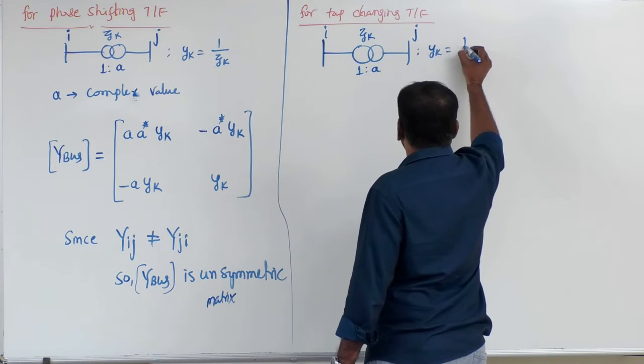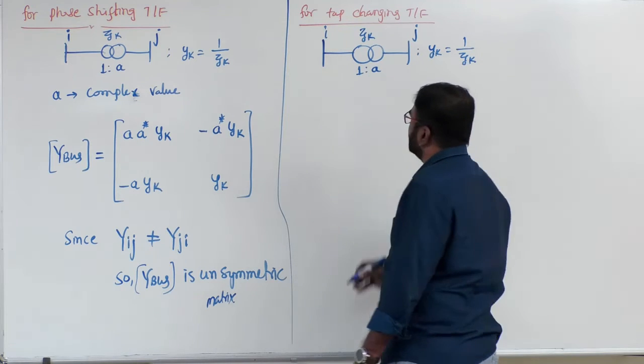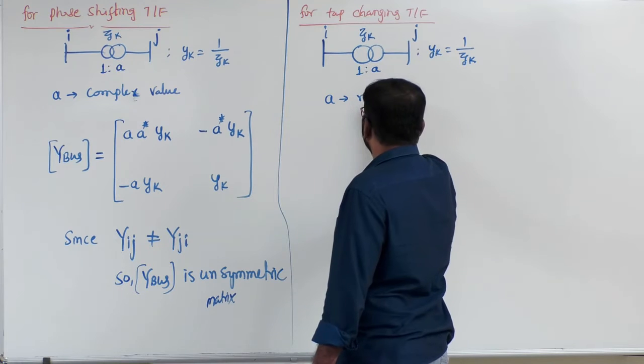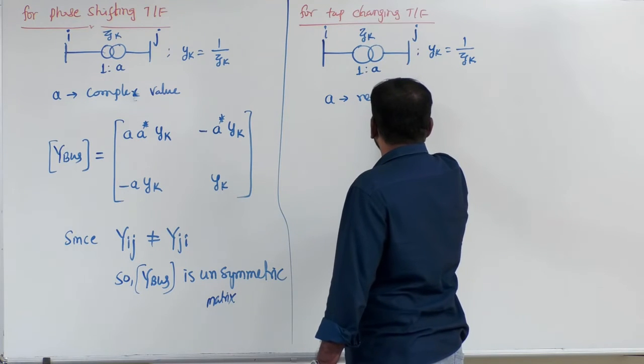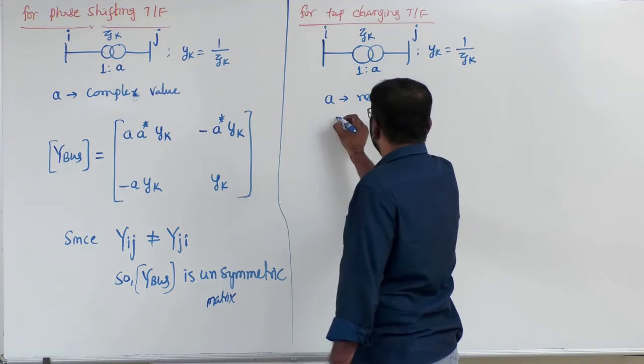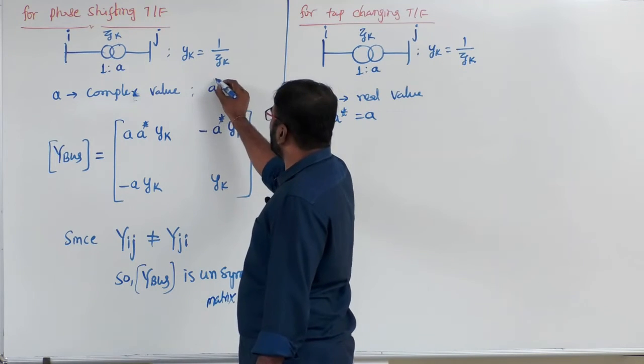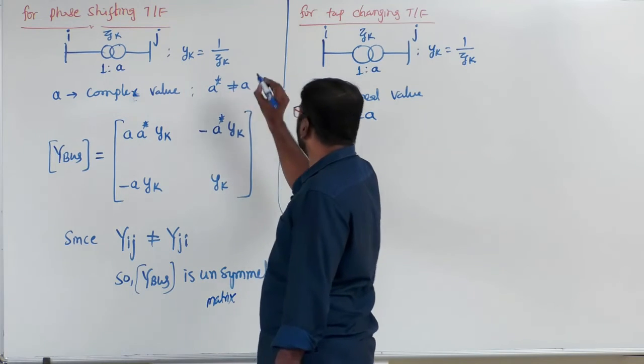Series admittance is 1 by Zk. Clear? Now, what is A? It's a real value. If A is a real value, A conjugate equal to A. But for the phase shifter, A is a complex value, so A conjugate is not equal to A.